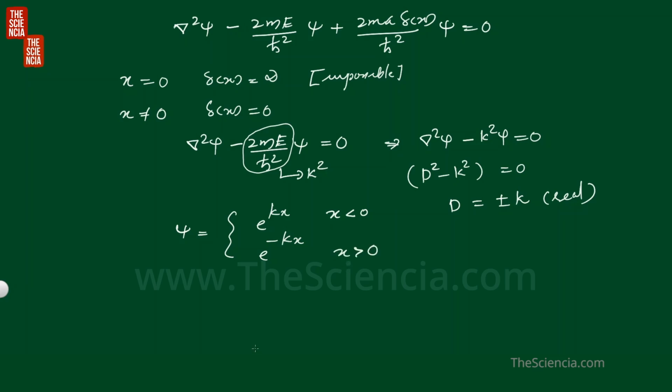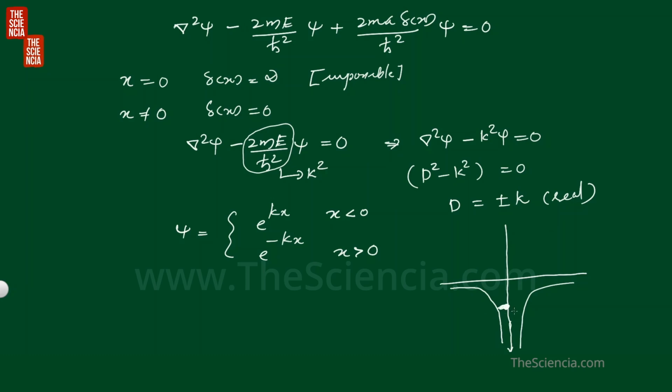And why is this wave function different in different regions? I will tell you the reason. Here this is our potential, the Dirac delta potential, a negative potential, and it goes to minus infinity, right? So our particle is here in between this region, so it has a certain energy.